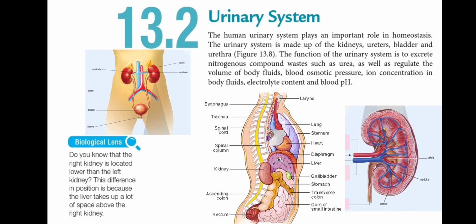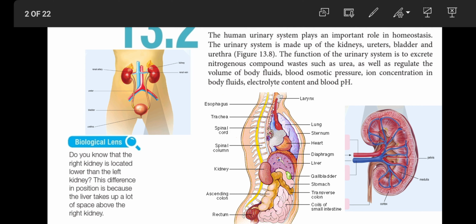Here we have our kidney cross section, made up of pelvis, medulla and cortex. The pelvis is where it joins to the ureter. That means the pelvis will collect all the urine and then join to the ureter.